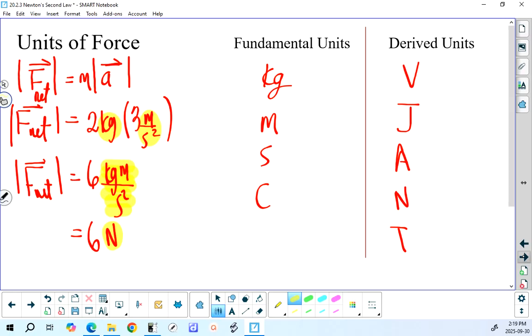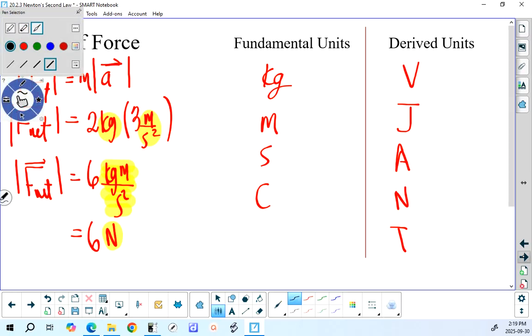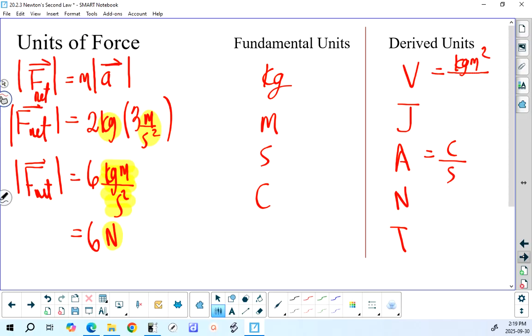And by the time you get to Physics 30, you will learn things like an amp is a coulomb per second. A volt is a kilogram meter squared per coulomb second squared, etc. There are a variety of unit combinations that you will become more familiar with.